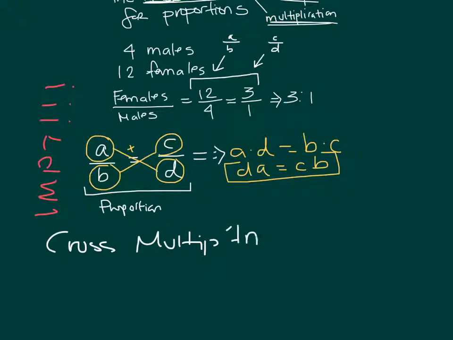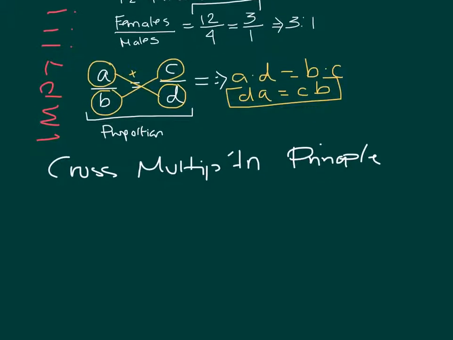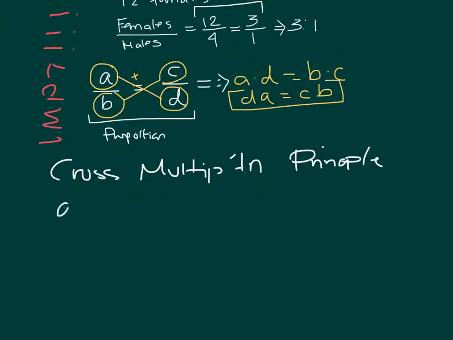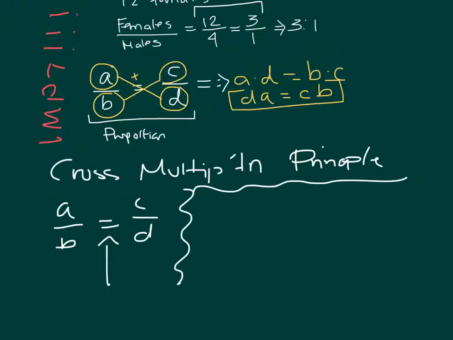I'll abbreviate: cross multiplication principle or property. It only works with proportions, meaning if I have A over B equals C over D, if I have an equation, I can do this. You can't do this.